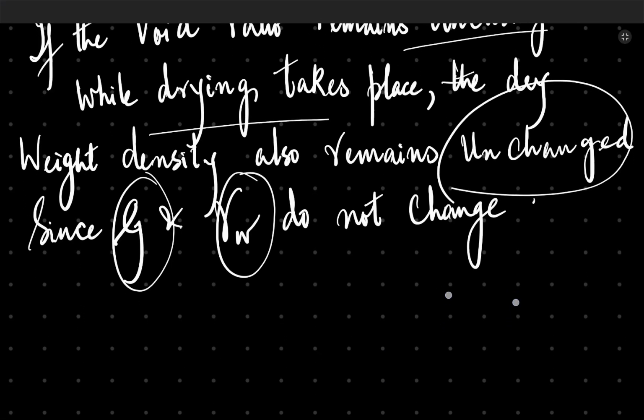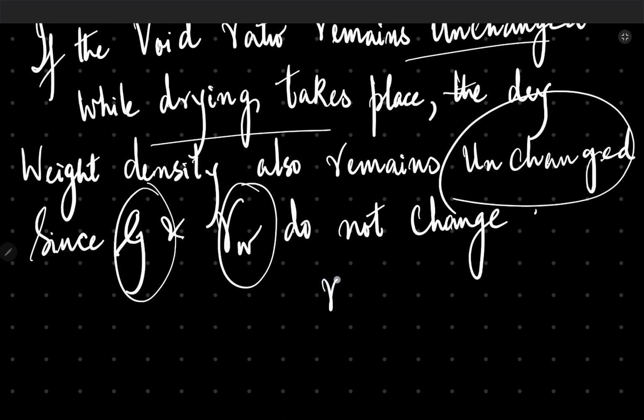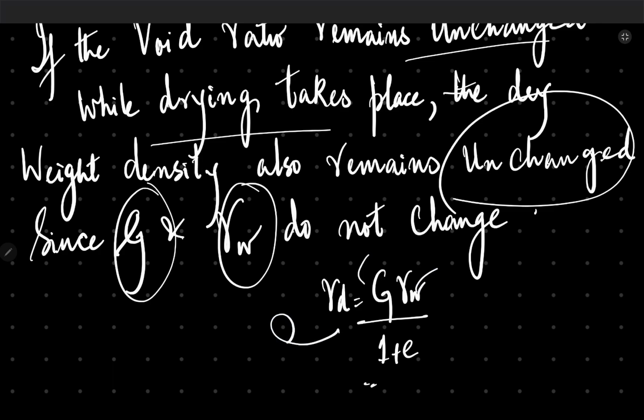We know as per the equation that dry density is dependent on these parameters. So if void ratio remains unchanged while drying takes place, the dry weight density also remains unchanged, because this and this do not change even if we go for the drying process.